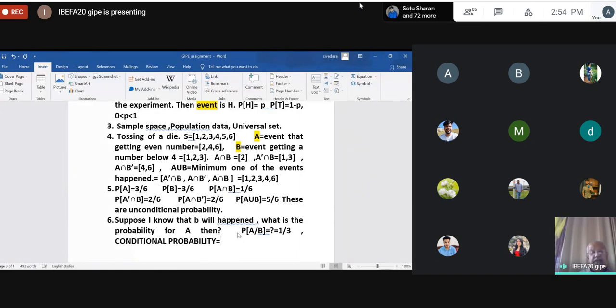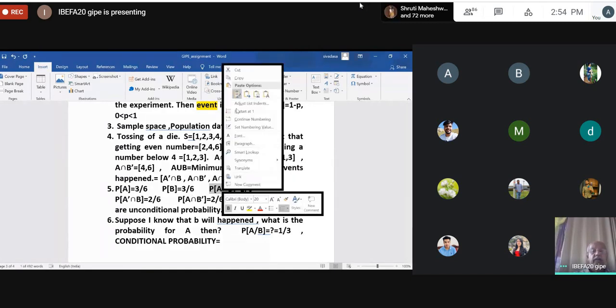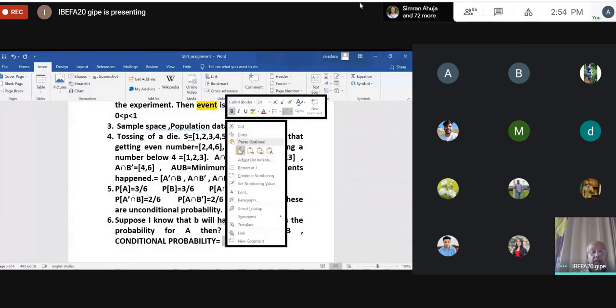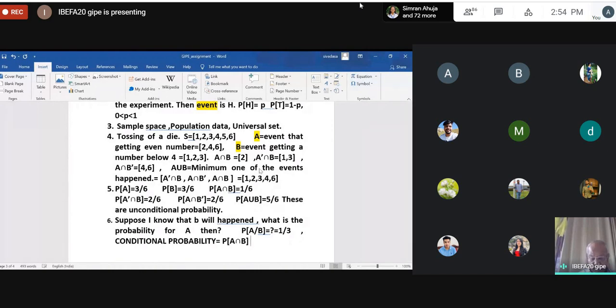This is defined as the student told me: probability of A intersection B divided by probability of B. This is the definition.